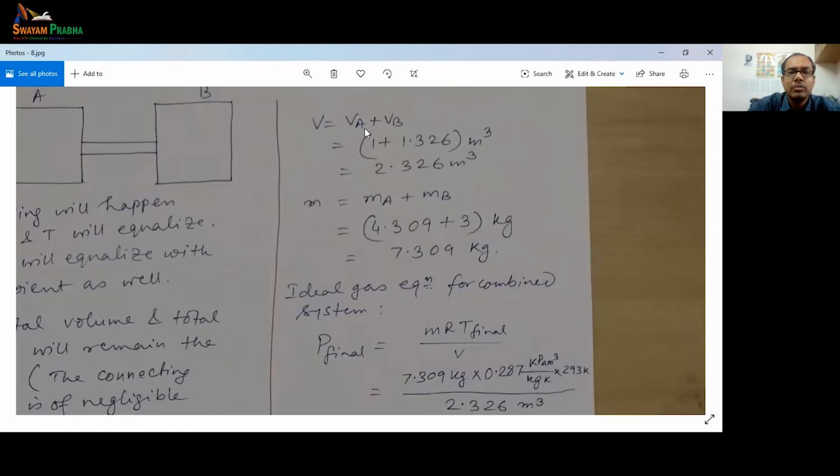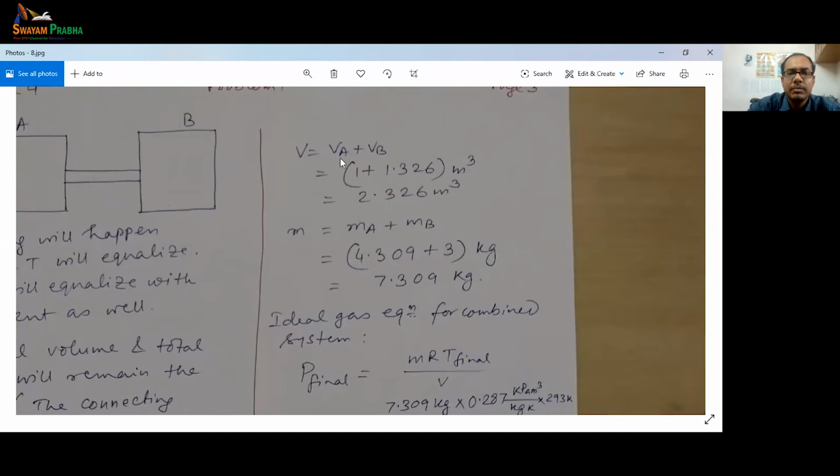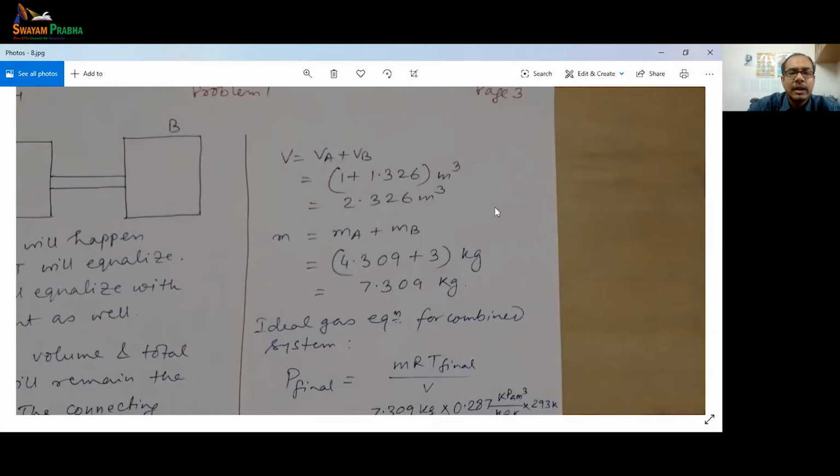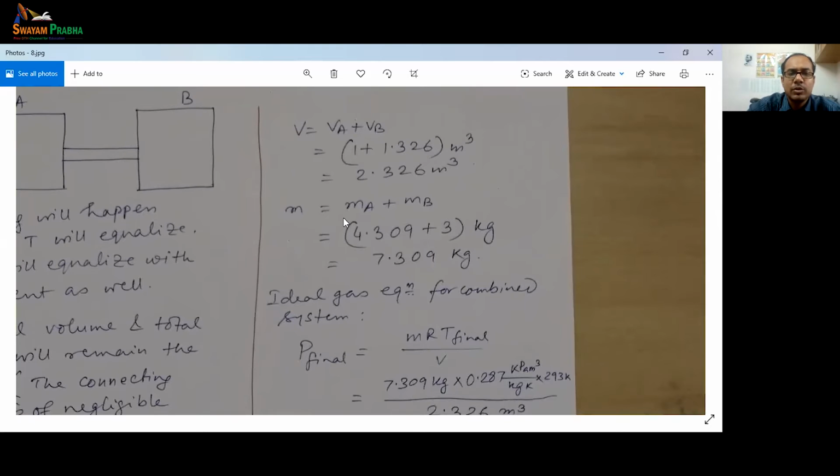So the total volume of this system will be volume of A plus volume of B, both of which we know. So 1 plus 1.326 meter cube will be the total volume, which is 2.326 meter cube. Okay, and mass will also be the same. So total mass will be mass of A added to mass of B. Adding that you will get 7.309 kg.